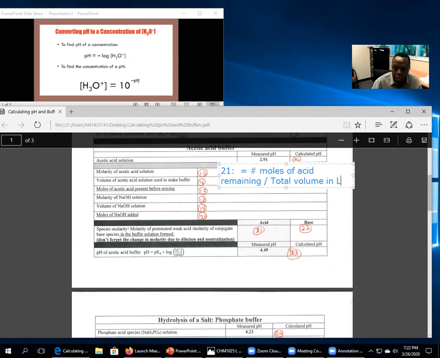Total volume because you have acetic acid to start with and you are adding NaOH. You should be able to figure out the total volume at this point.